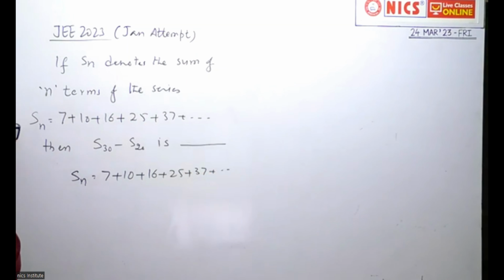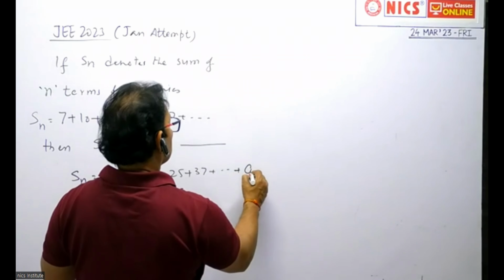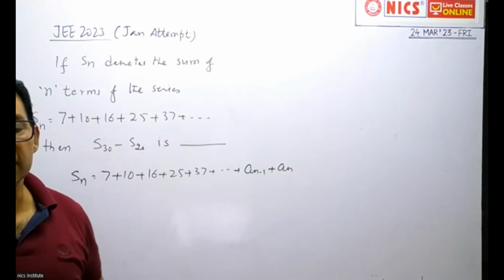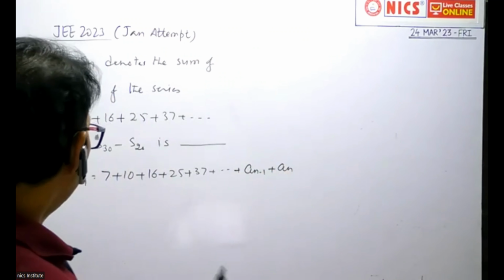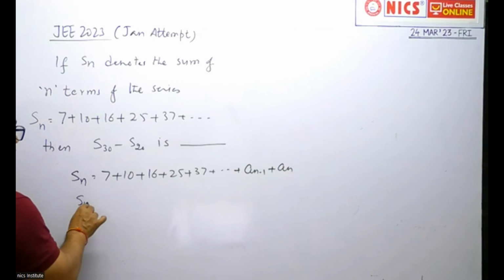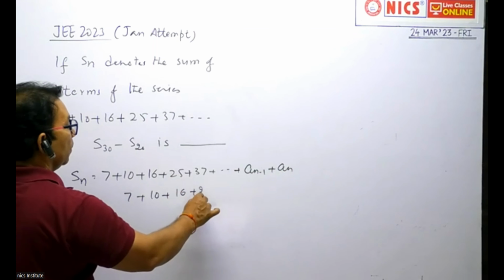No. Is it GP? Not at all. Neither HP. This is a special sequence. You can find the nth term by the method of difference. In that, what do you do? Shift each term by one place to the right.